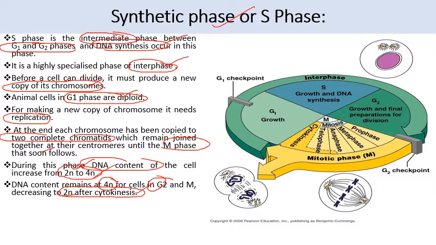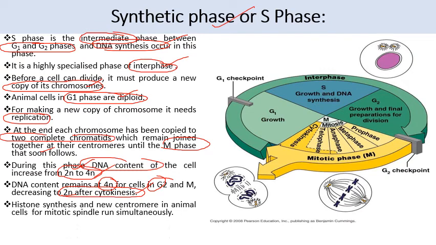And there also occurs a very important event, that is histone synthesis and new centromeres in animal cells, which are formed during this phase, that is S phase, for the mitotic spindles, which helps in mitotic spindle formation. So synthesis of these histone proteins and centromeres occurs simultaneously during the replication of DNA.